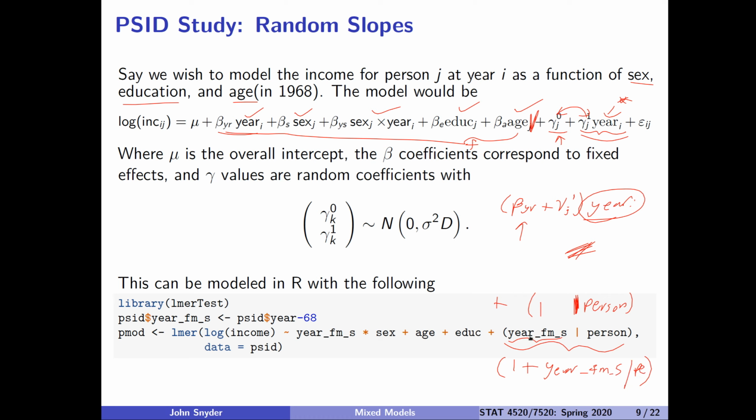It's the same thing, but you just don't have to write it anymore, just like we don't have to write it over here. These models are still going to include an intercept, whether we write out the 1 plus or not. Okay, but that is the key addition here. Now that we have this random slope, because we want the effect of year on the income to change between the different individuals, we want a random slope where that slope is randomly varying between the individuals. And this is how we accomplish that through the R code.